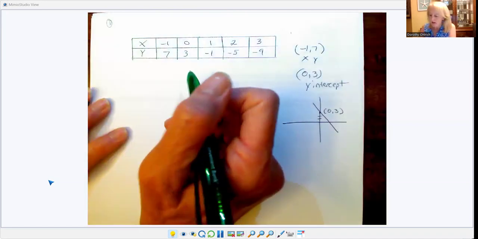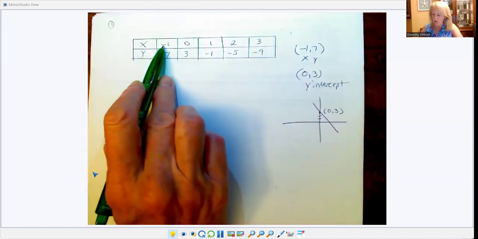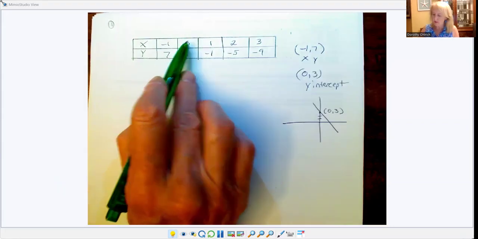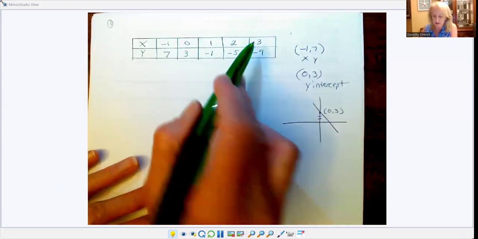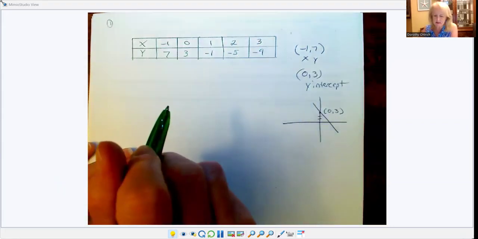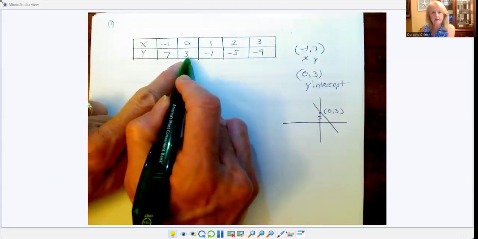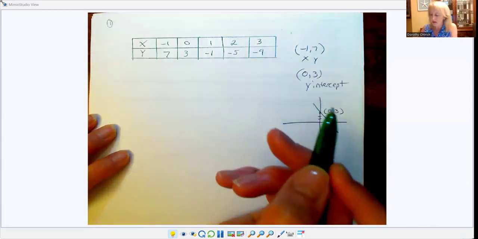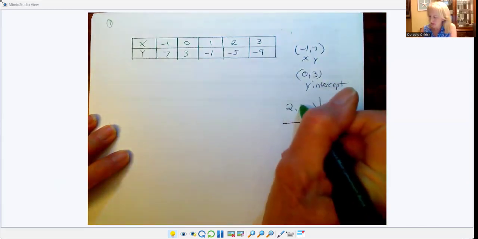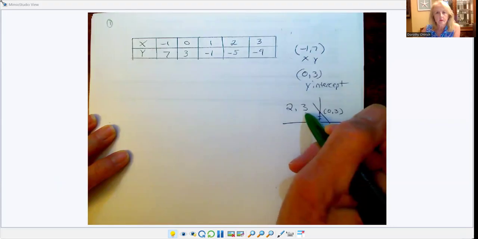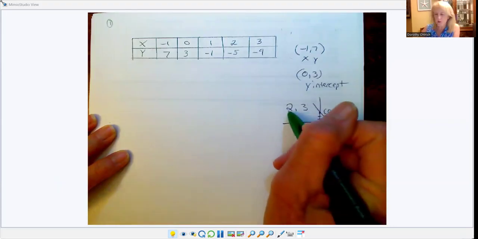So let's begin. If the x's are increasing by 1, then we can examine successive differences or ratios. To go from 2 to 3, we went up by 1, but you don't do 2 minus 3.